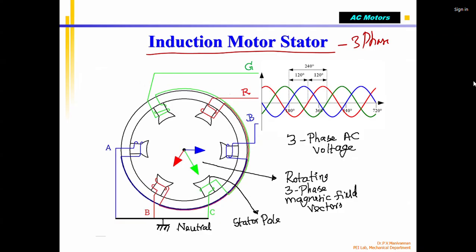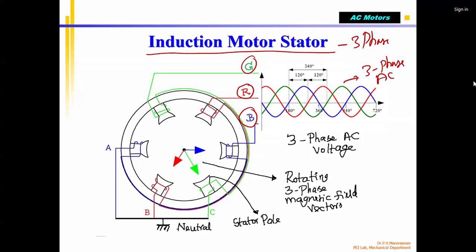Okay. So there are three coils R, G, B. Correct. For the three coils, I am giving three-phase input voltage, three-phase AC voltage. You can see it is sinusoidally varying, and each coil is separated by 120 degrees apart.